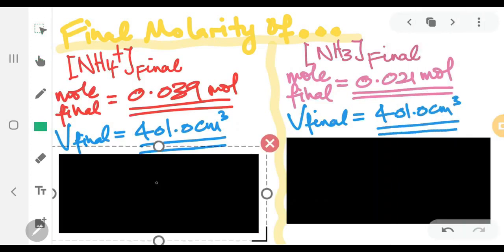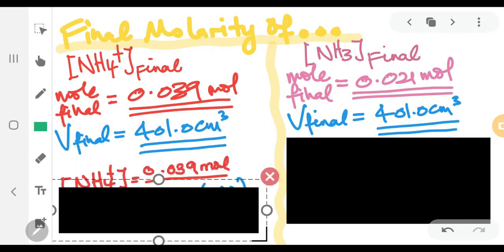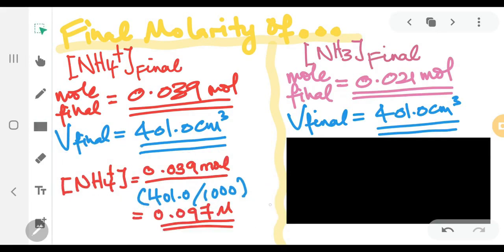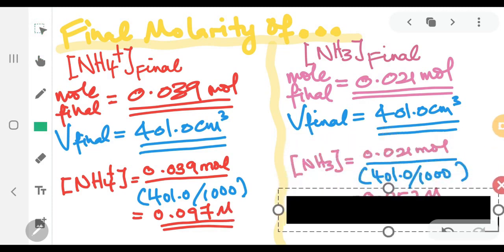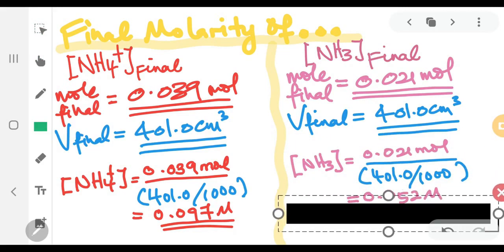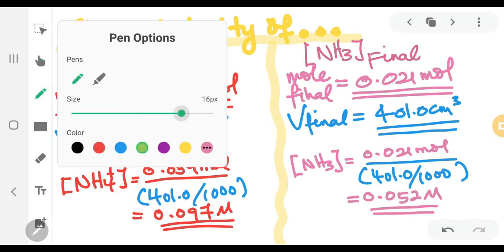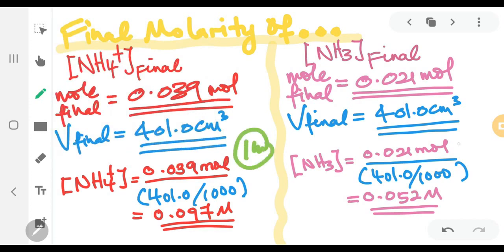And how do you find the final molarity? You're just going to use that formula and you get your final molarity 0.097. Same goes for this. You're just going to take the number of moles and divide by the final volume. You get 0.052 molar. So you get 1 mark for this, 1 mark for that.